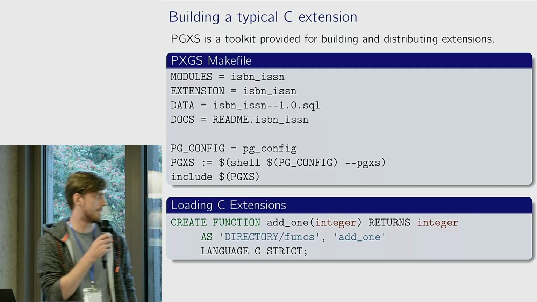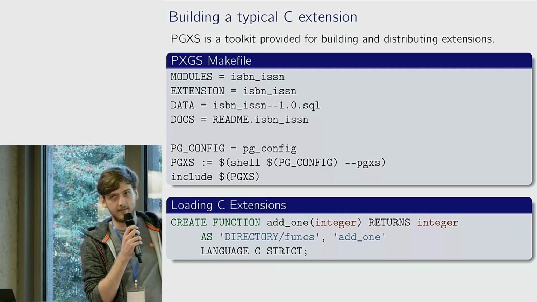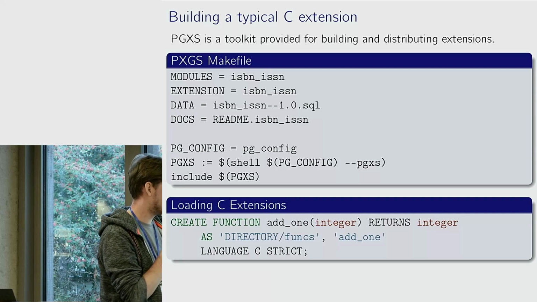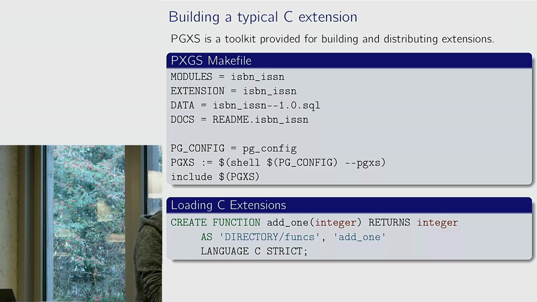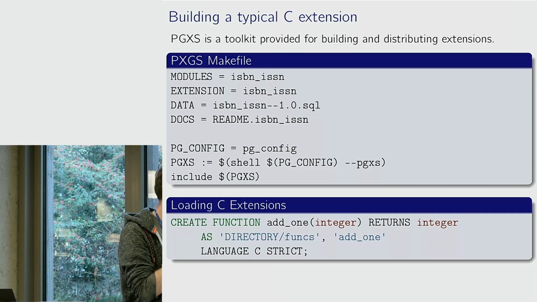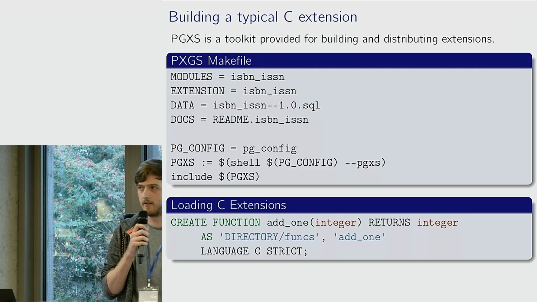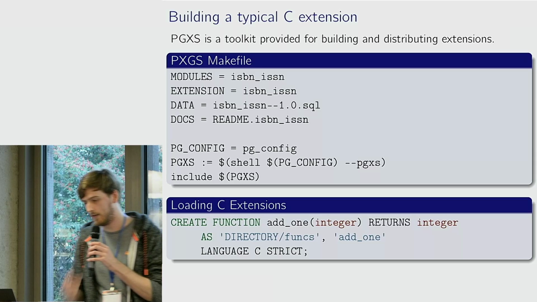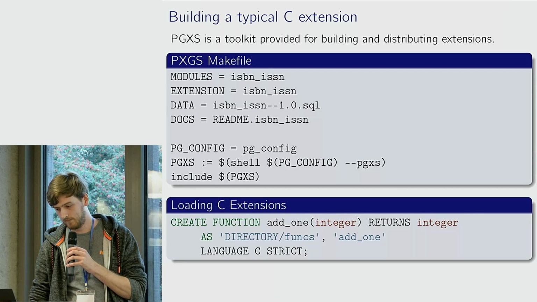Basically, it's a definition of the header and C file where you've got your code for your extension, some versioned SQL for telling you how to load and unload the module, and then this tool called pg_config, which basically tells you how Postgres was set up. And then this is an example of what the SQL might look like.